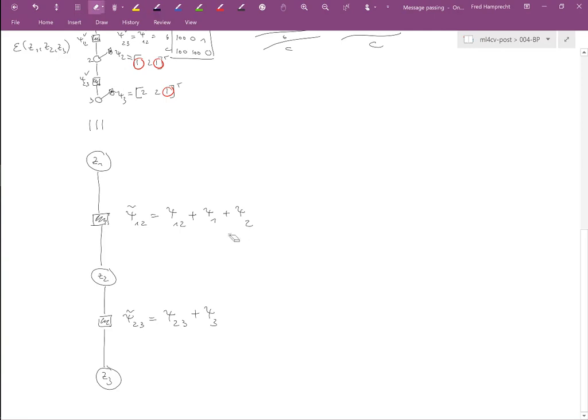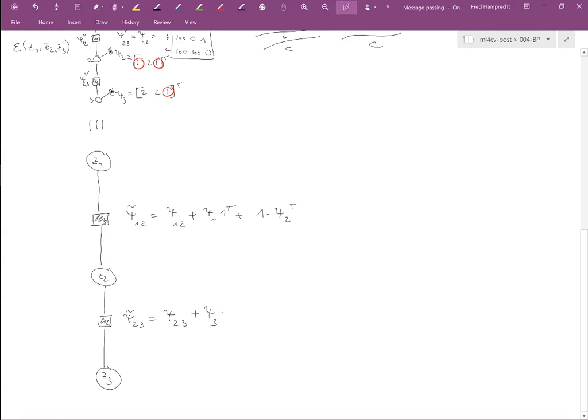Okay, I need to write this a bit more cleanly because I have a dimension mismatch here. psi12 is a matrix and psi1 is just a vector. So we said that the first index refers to the rows, so I'm going to multiply this column vector here with a row vector of 1s, and do like that.